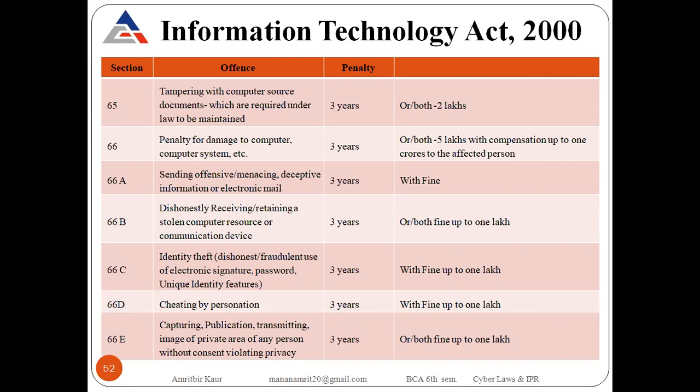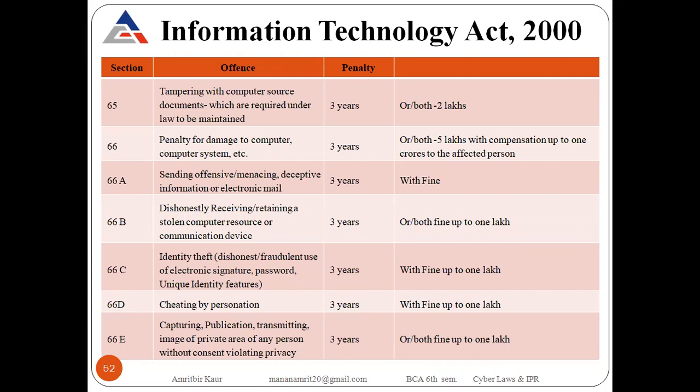Section number 66C, identity theft. For example, you use someone's password or electronic signature. In that case, the penalty is 3-year imprisonment and fine up to 1 lakh. Section number 66D, cheating by personation. Personation means impersonating.